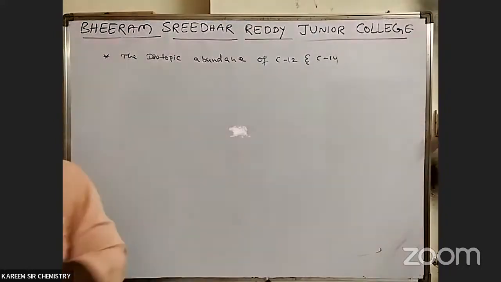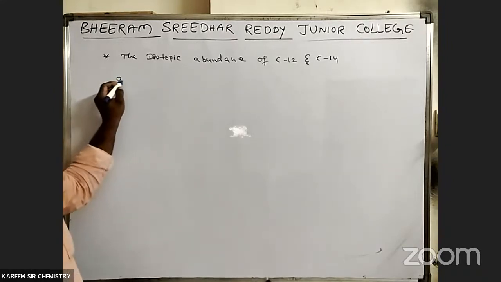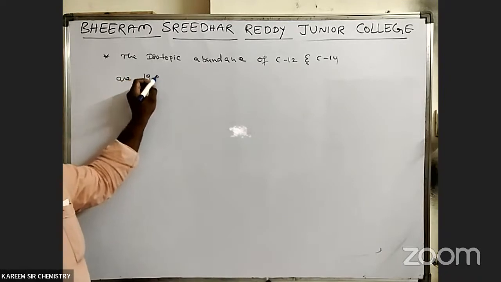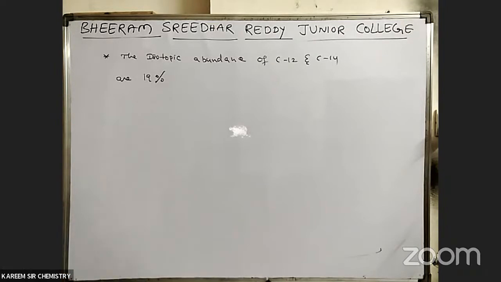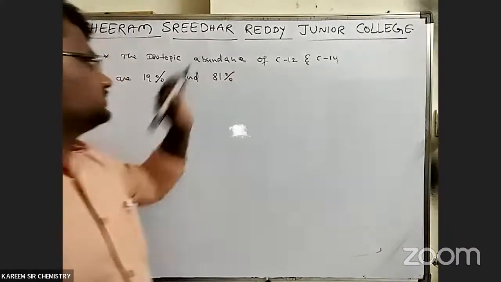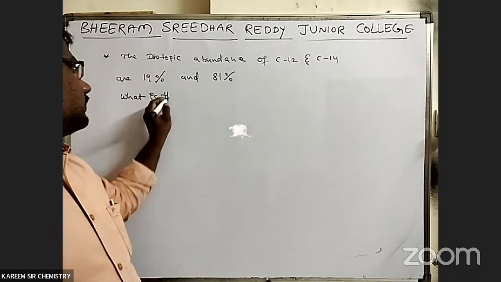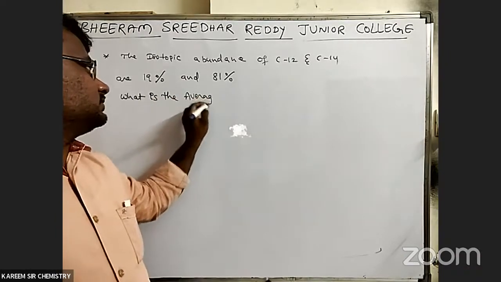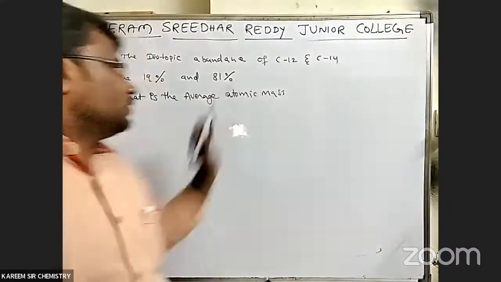The isotopic abundance of C12 and C14 are given as 19% and 81%. So what is the average atomic mass? This is very simple. You can do it as homework.